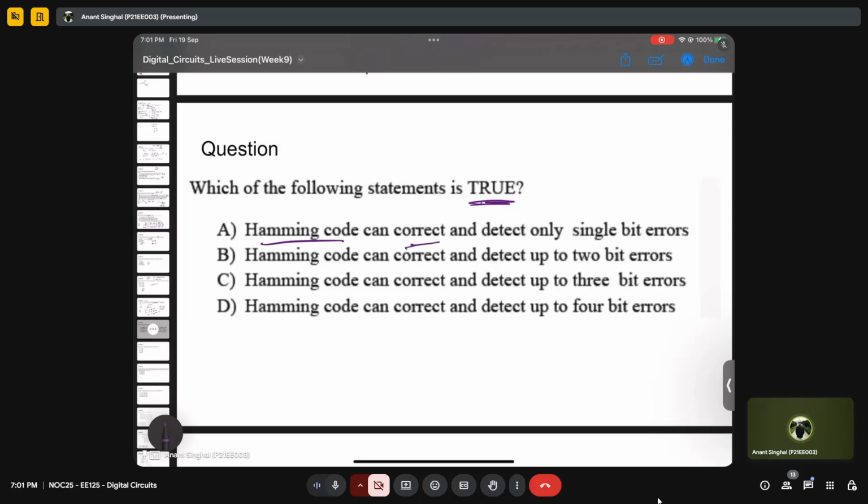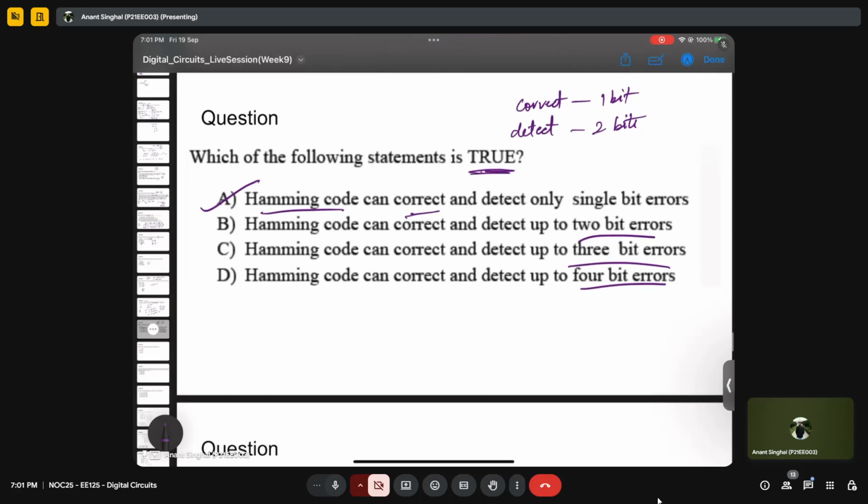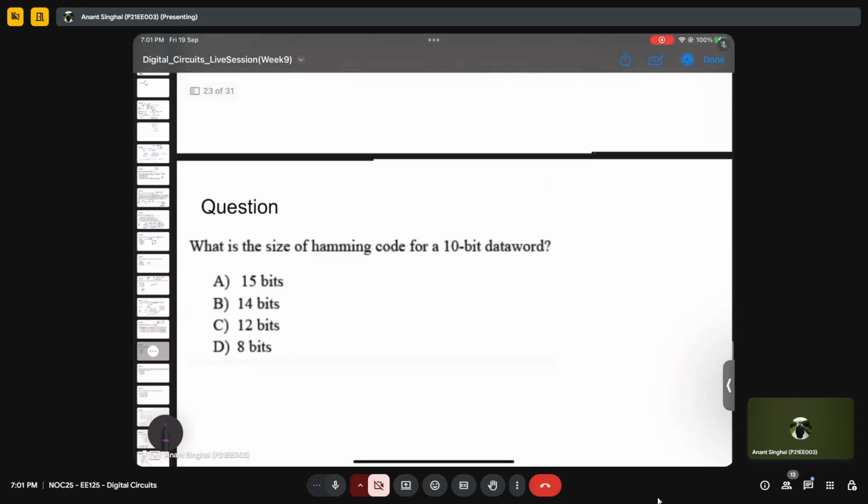So Hamming code can correct one bit and it can detect 2-bit errors. Based upon this, only option A is the correct answer because 3, 4, and 2 are not possible. So let's do some problems related to Hamming code.